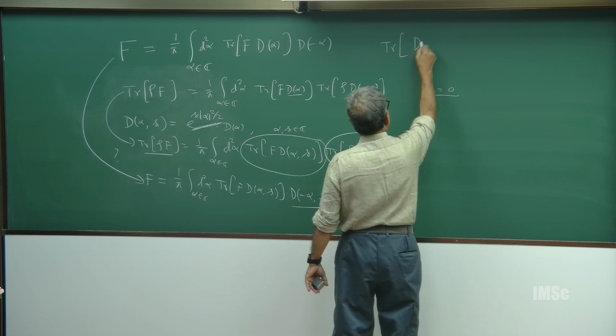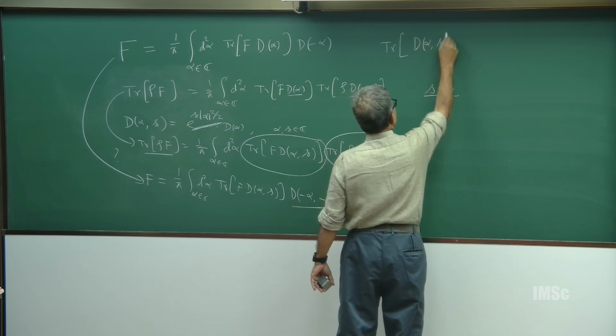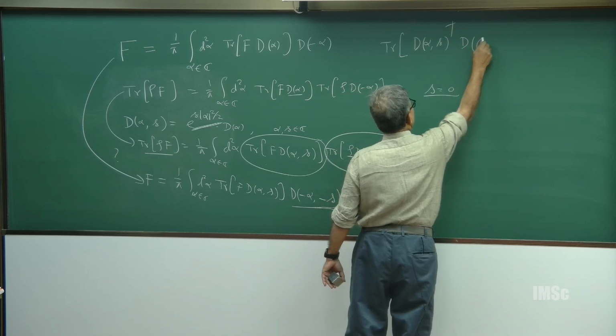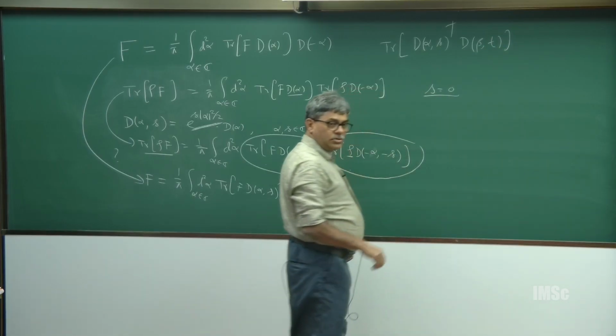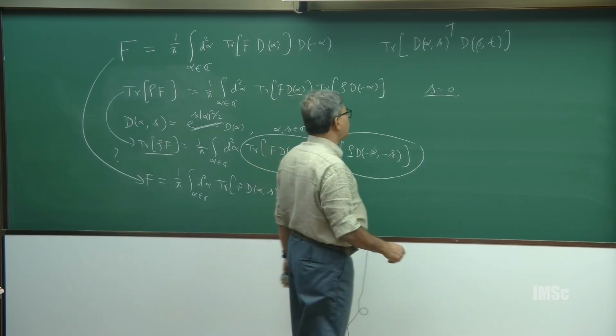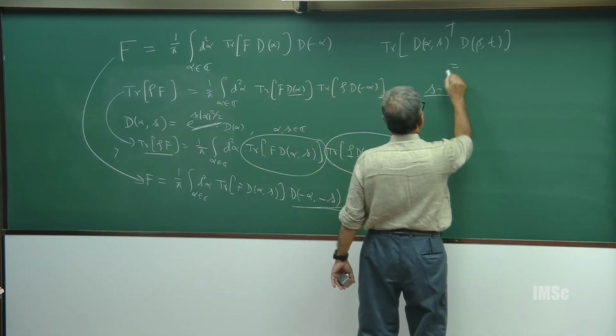So basically what we need is D(alpha, s) dagger D(beta, t). We need to see how it looks like.